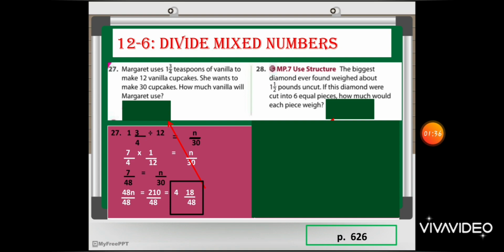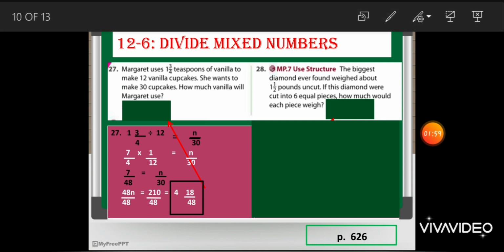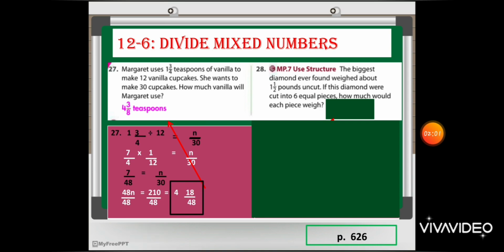Now, we have to remove the coefficient of the variable. So, divide it by 48. And since we do it on one side, it should also be done with 210. Now, 210 divided by 48, so we will have 4 over 18. And if we are going to rename it, it will be 4 and 3 over 8.